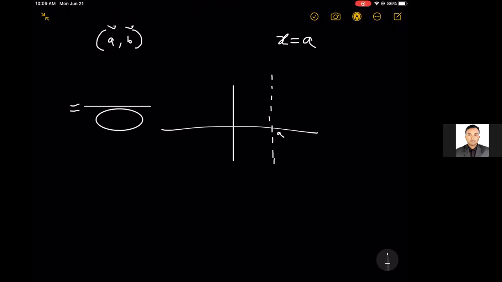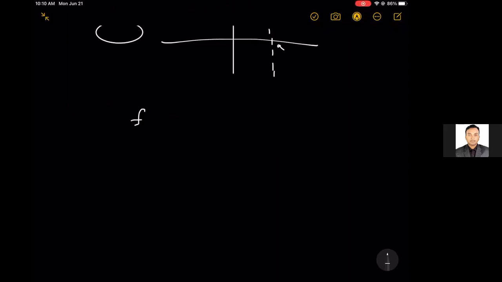Next, we need to see the intercepts. If the function is given, it's really easy to locate the intercepts. If we set the function to 0, whatever we have for x, I mean, if we solve it for x, these will be y-intercepts.